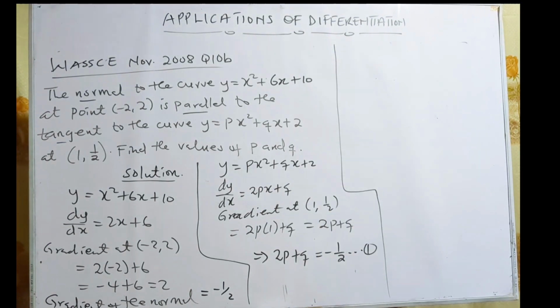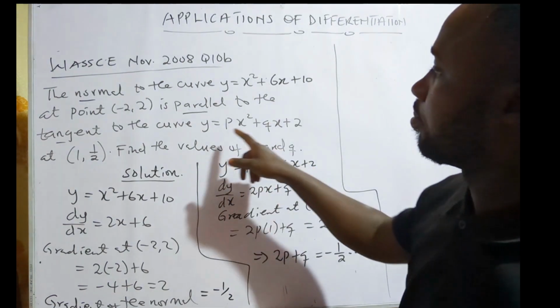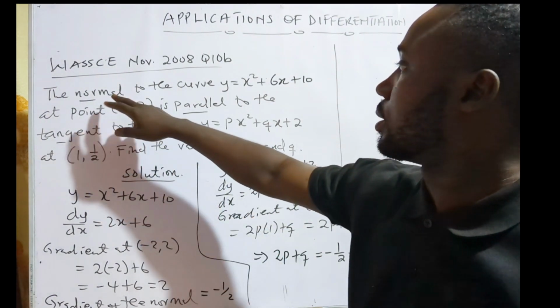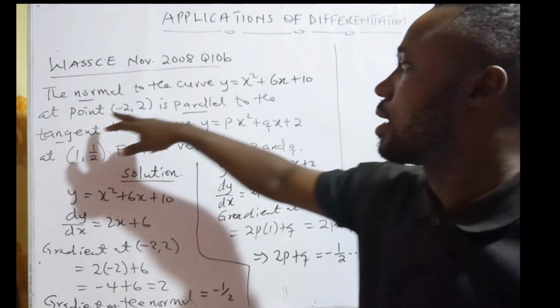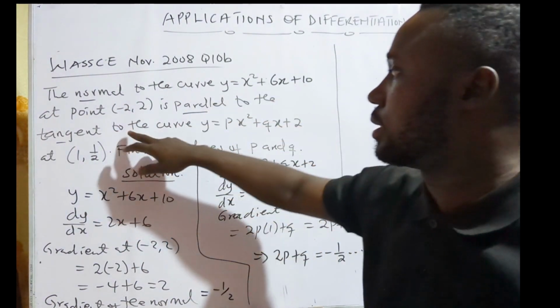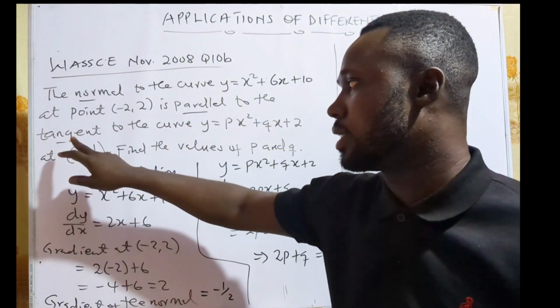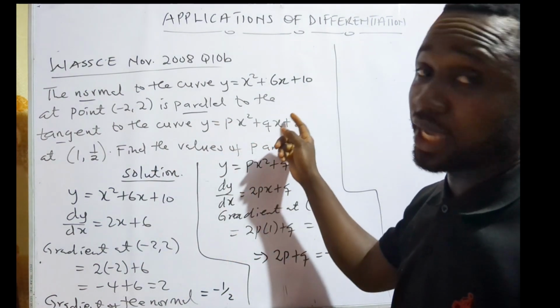Let's see what other equation we can get. The question said the normal to the curve y equals x squared plus 6x plus 10 at point (-2, 2) is parallel to the tangent to the curve y equals px squared plus qx plus 2 at point (1, 1/2). So this particular point is on this particular curve.